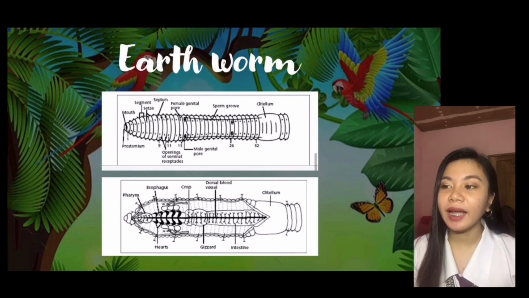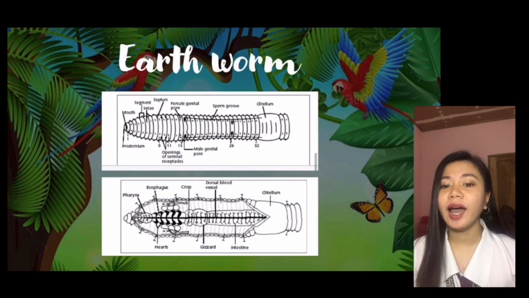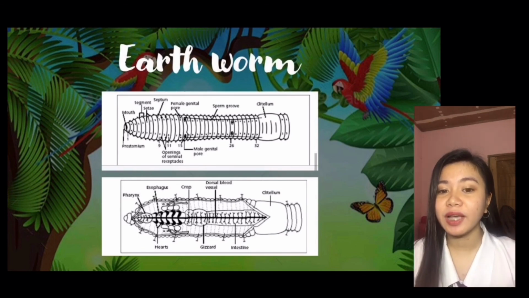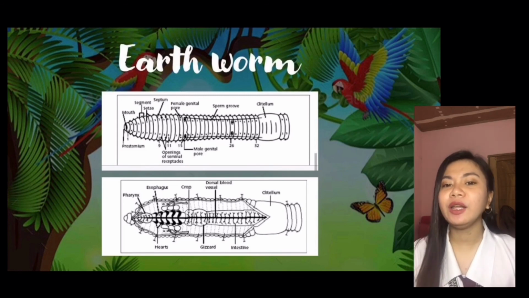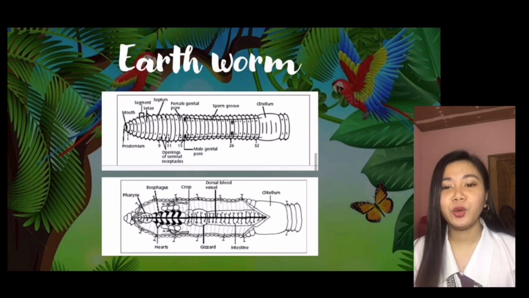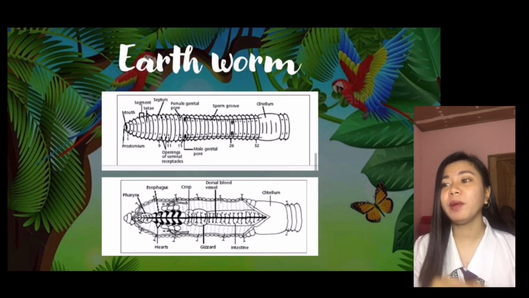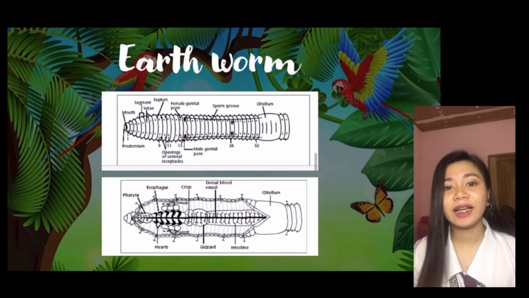So, alam naman natin, and makikita natin kanina sa picture, na ang segmented worms ay kabilang dito is yung earthworms or yung nakikita natin at madalas nating nakikita nasa lupa or lalo na kapag tag-ulan na makikita natin nakalat siya. Ito yung pinaka nakakakilabot na makikita mo kapag maulan is yung mga earthworms na talagang naglalabasan.